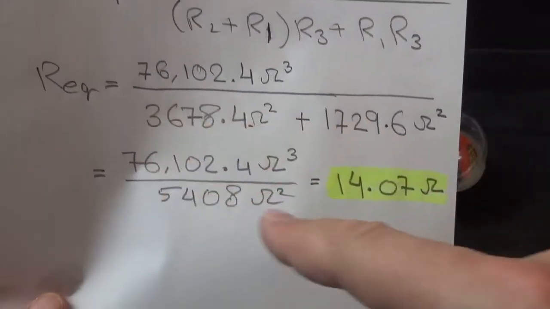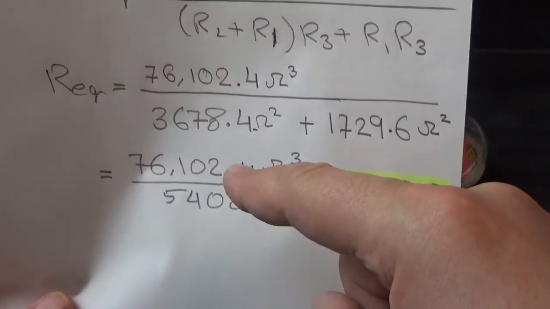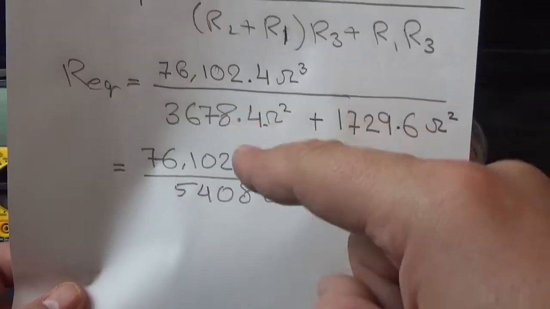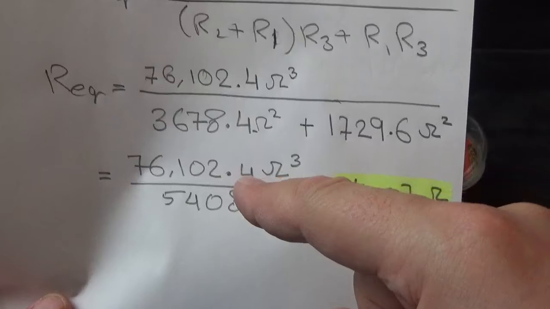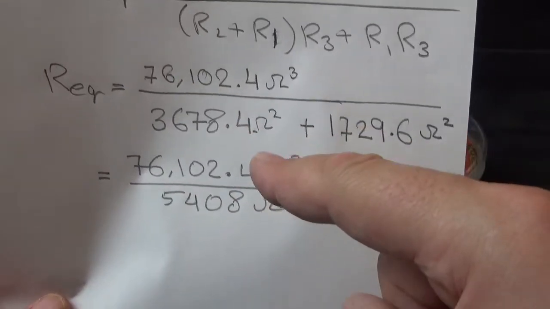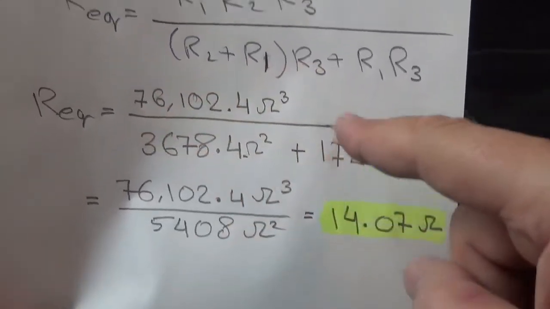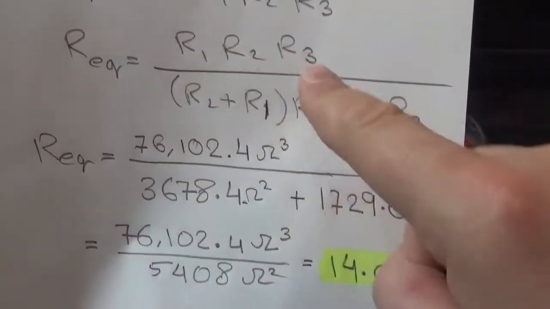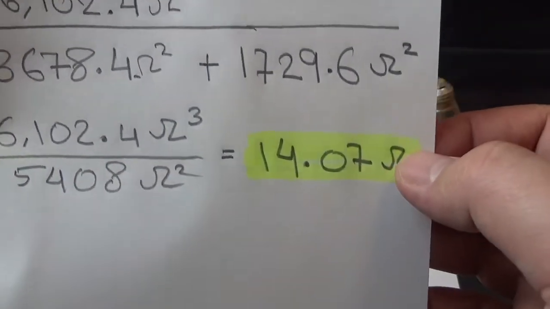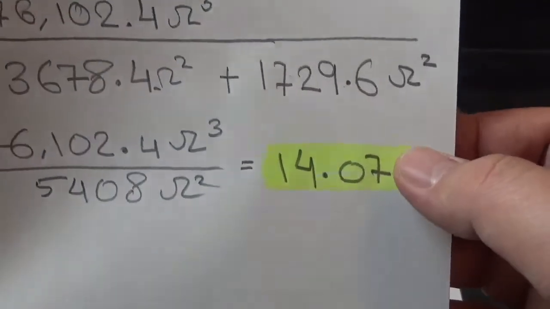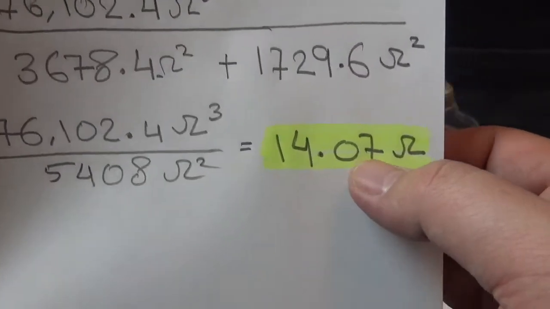So we can see here, after we calculate from the measurements that we made, that R1 is 37.6 ohms, R2 is 46 ohms, and R3 is 44 ohms. We substituted them into the equation, so we got this result. The equivalent resistance for these bulbs connected in parallel is 14.07 ohms.